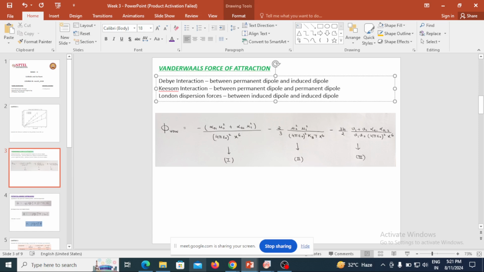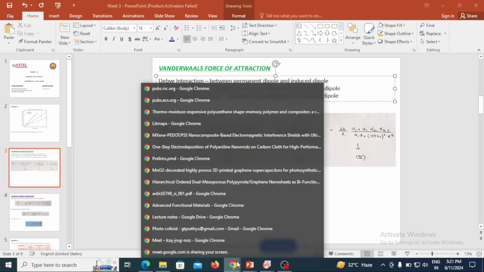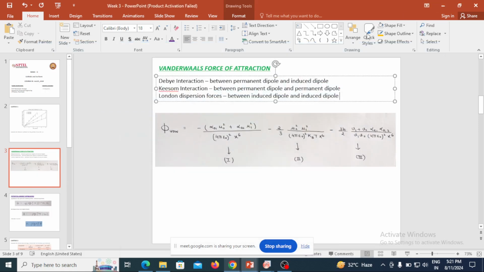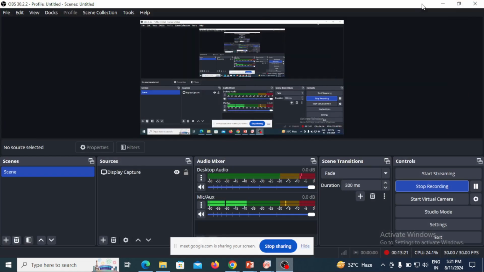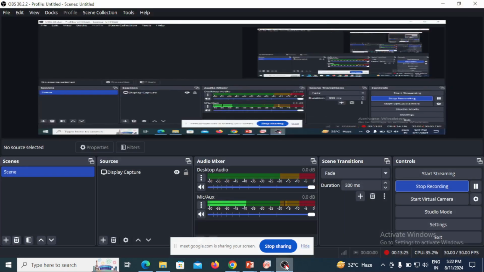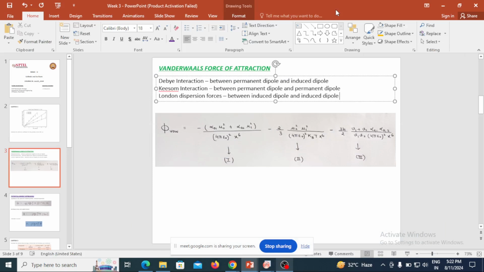So here we encounter terms such as dipole moment, permanent dipole, and induced dipole.